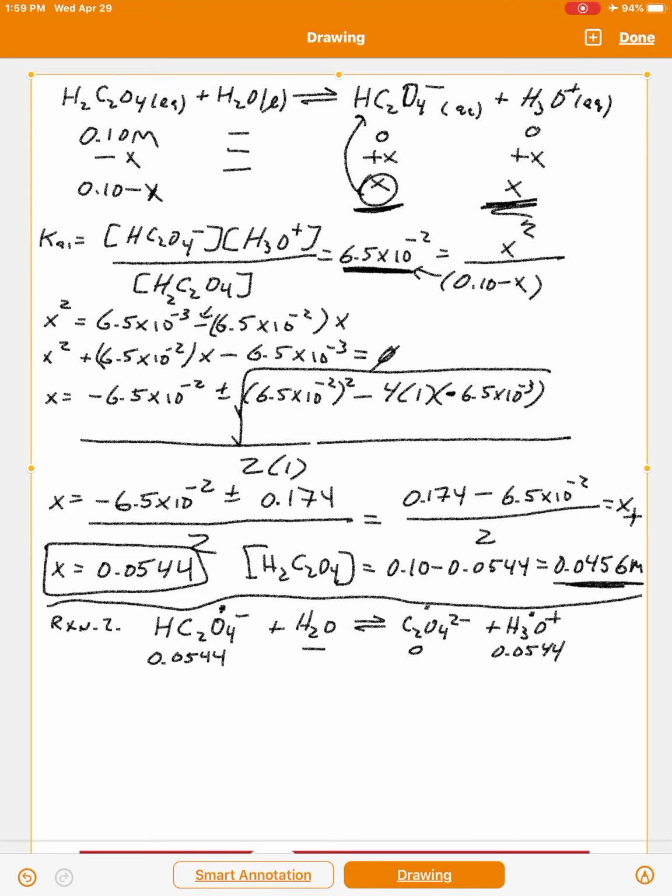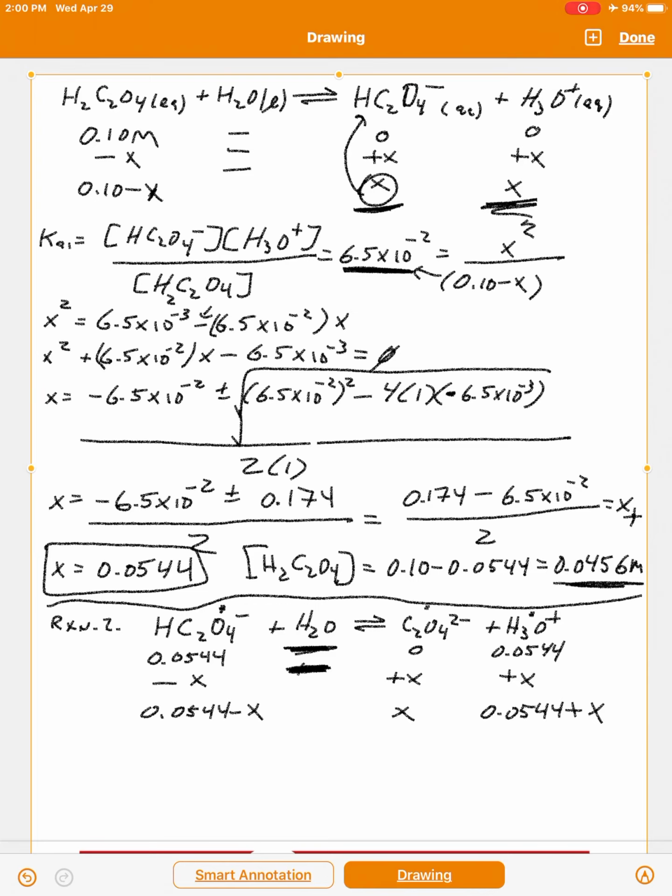So that means the reaction still goes that way. We don't need to worry about H2O. So then this goes up, and this goes up. Now, at equilibrium, we'd have 0.0544 minus X, X, and 0.0544 plus X.